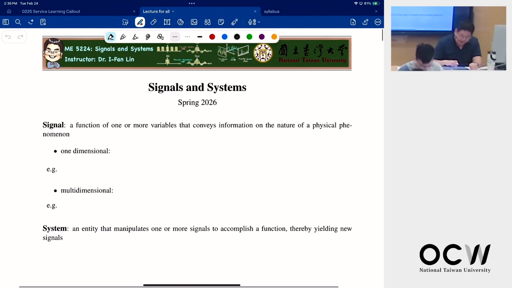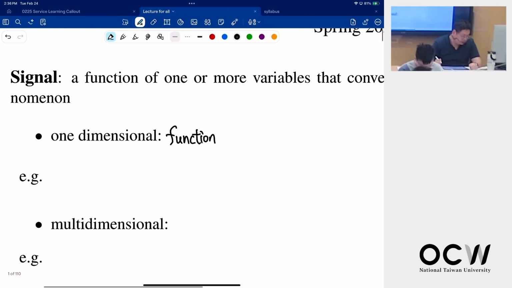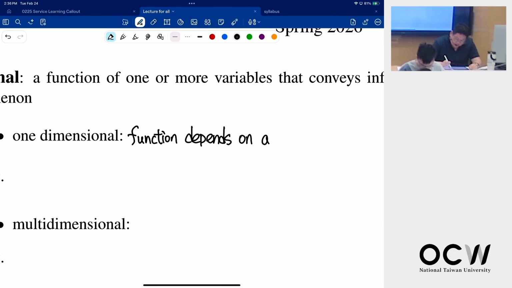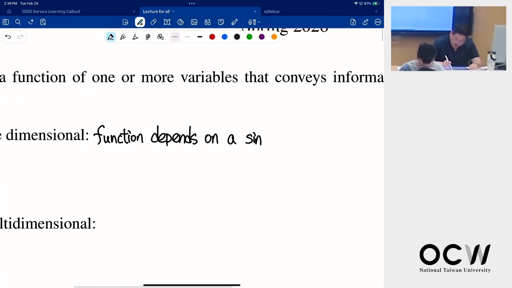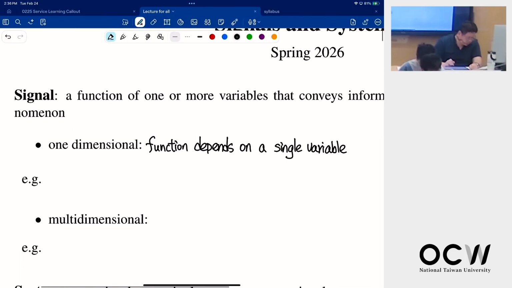If we say it is one-dimensional, that means this function depends on a single variable, just one variable. For example, like a speech signal.